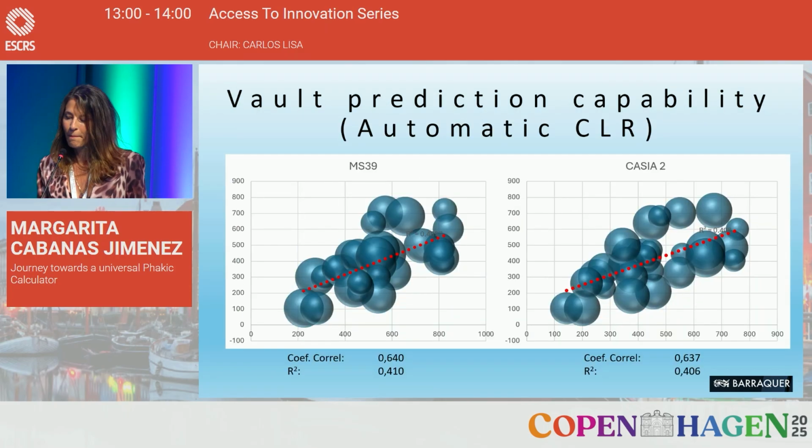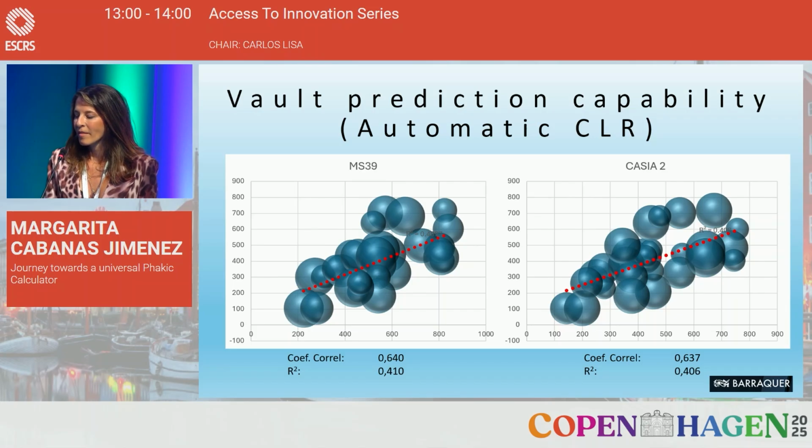If we compare prediction with Cassia 2 or MS39, both are good for ciliary measures. Manual ciliary check improves accuracy a lot, and MS39 needs manual adjustment to work better.